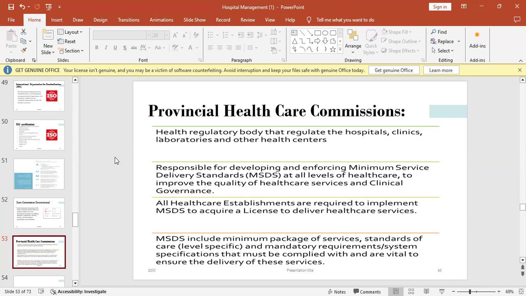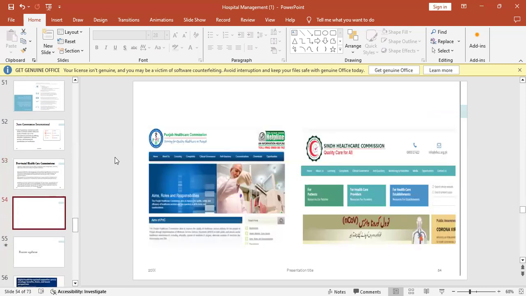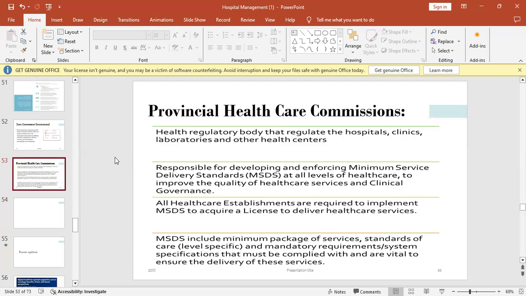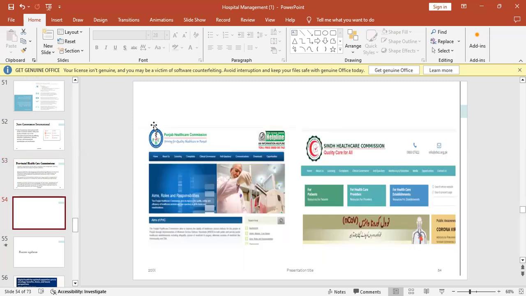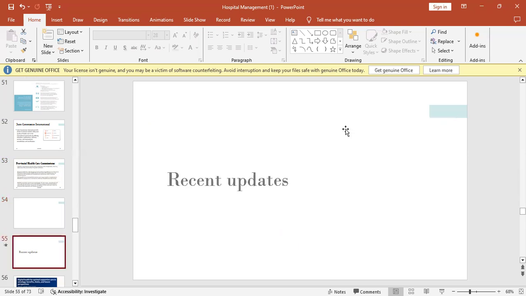Minimum service delivery standards include a minimum package of service, standards of care, and mandatory requirements and system specifications that must be complied with and are vital to ensure the smooth running of healthcare facilities. These are provincial healthcare commissions: in Punjab it is the Punjab Healthcare Commission, while in Sindh it is the Sindh Healthcare Commission.